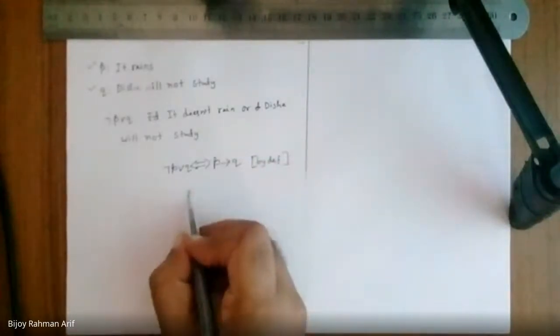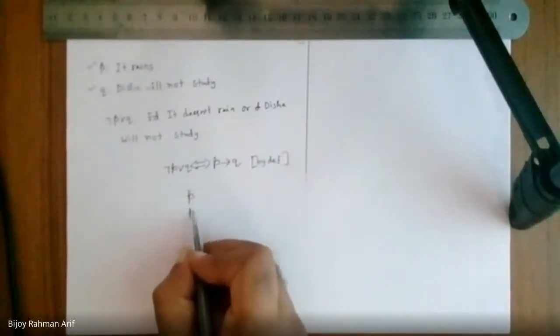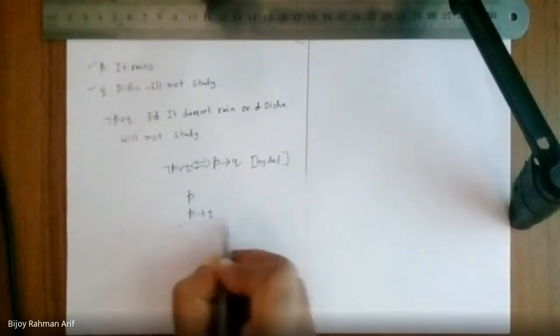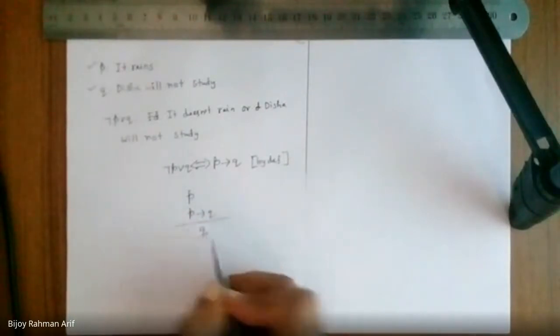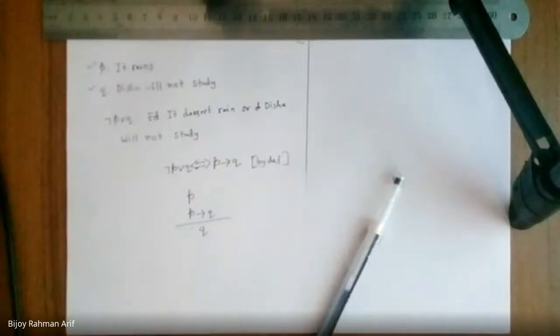So I have P and I have P implies Q. So Q. Simple. Any more problems? So what will be the inference? Inferring, Disha will not study.